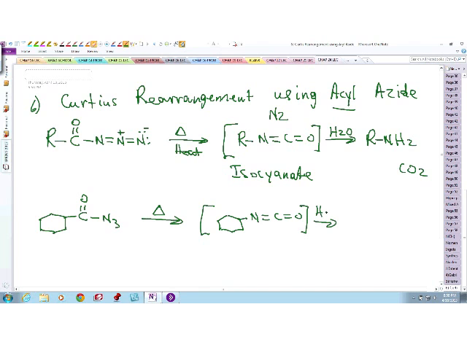And then from the isocyanate, I add water. Then I get the cyclohexylamine plus carbon dioxide. Notice that we are also losing carbon dioxide here. So that is method number 7. I'm sorry, method number 6.